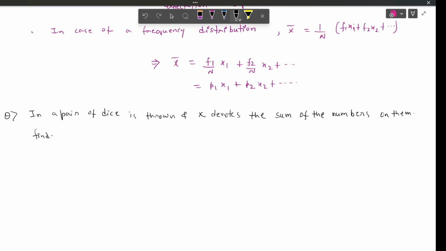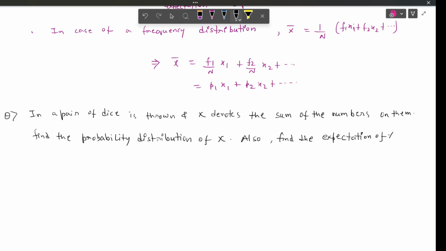Find the probability distribution of x. Also find the expectation of x. So this expectation means, right? You have to find the mean.